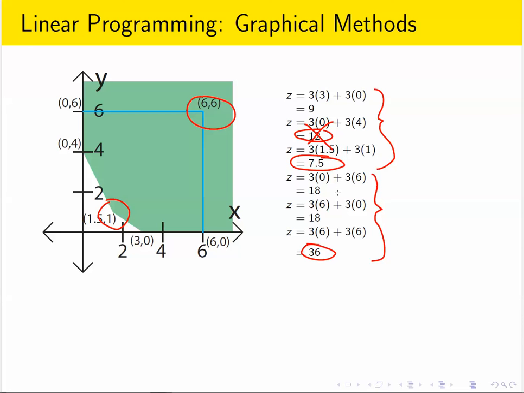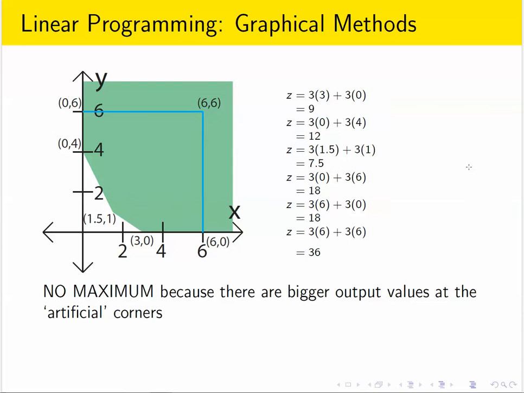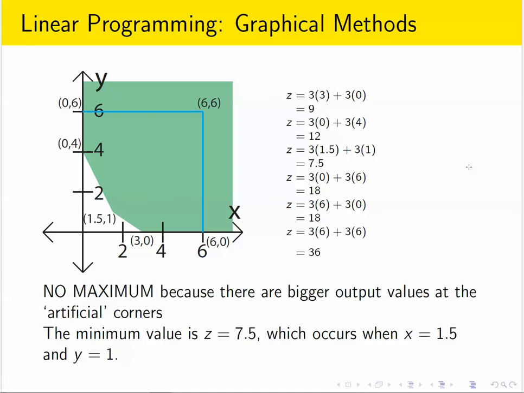So because none of the artificial corners are smaller than a true corner's value, we get a minimum. But because we get an artificial corner with an output that's bigger, we cannot say that the unbounded region has a maximum. There's no maximum when the artificial corner produces a bigger output, but there is a minimum when the artificial corners do not produce smaller outputs.